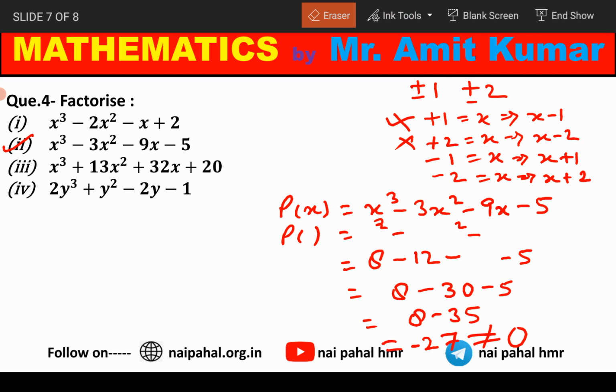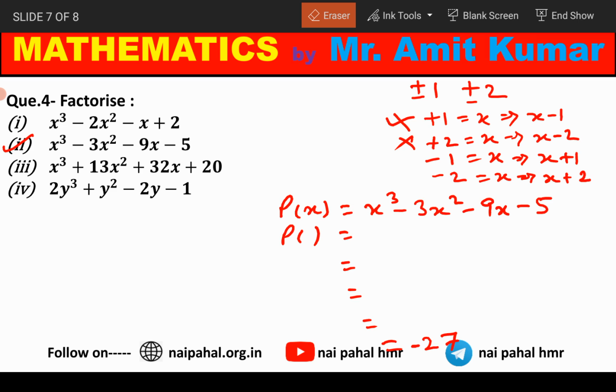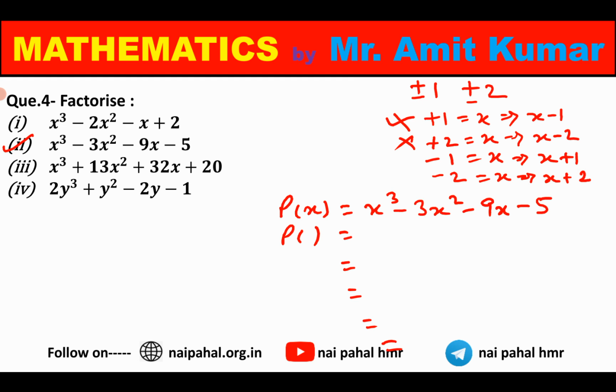Let's take P of 1 equals cube of 1 minus 3 multiplied by square of 1 minus 9 into 1 minus 5. Cube of 1 will be 1, and minus 3, minus 9 and minus 5. It doesn't seem to equal 0, but we have to solve it. So minus 9, 3 is 12, 12 and 5 is 17. So it equals minus 16, which is not equal to 0. So this is not a factor.